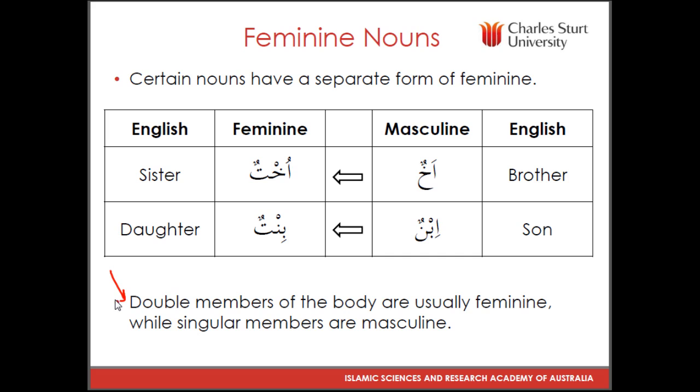Ra'sun. It is what? Ra'sun. In the body there is just one head, so it is masculine. Feminine, for example, tongue.